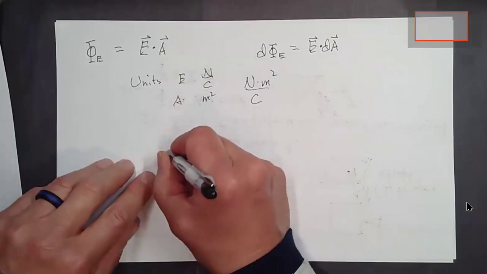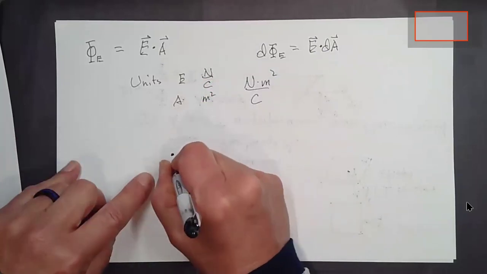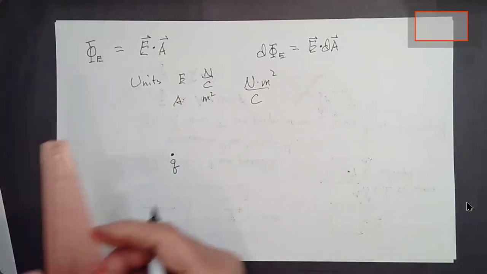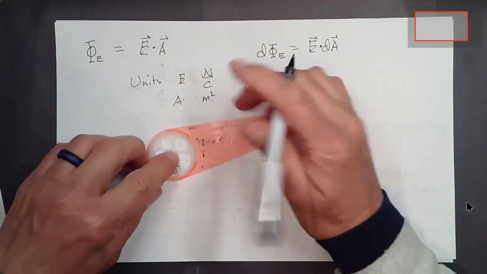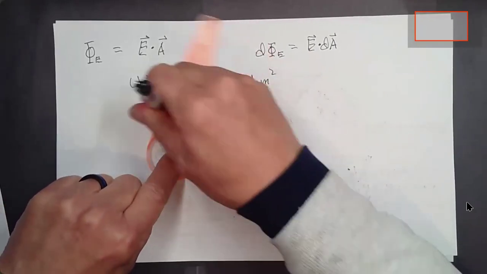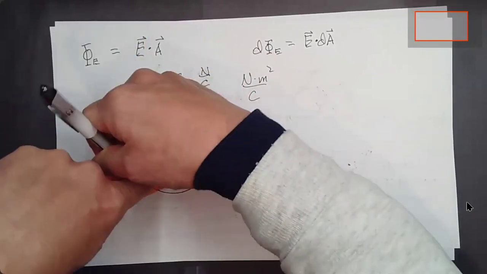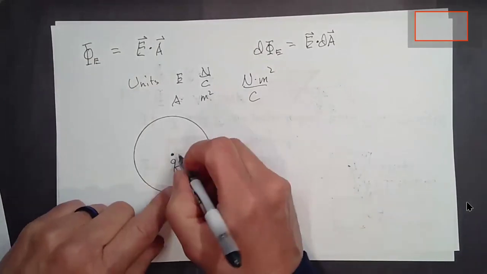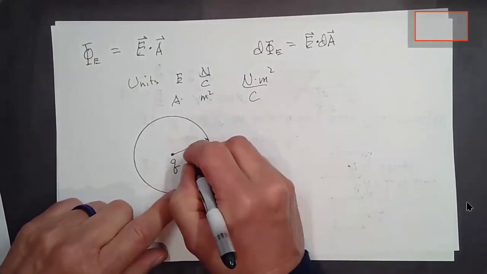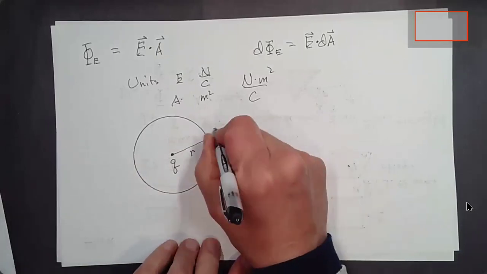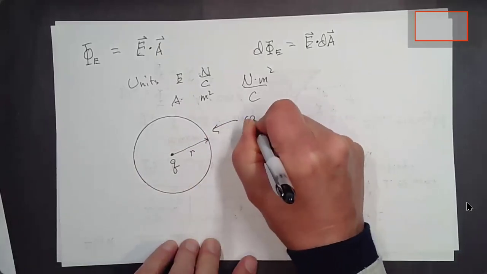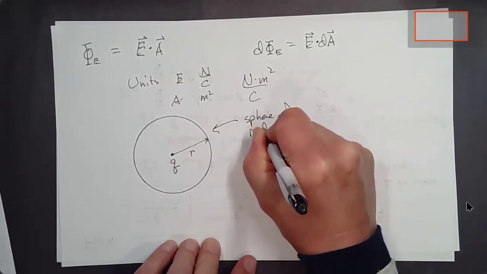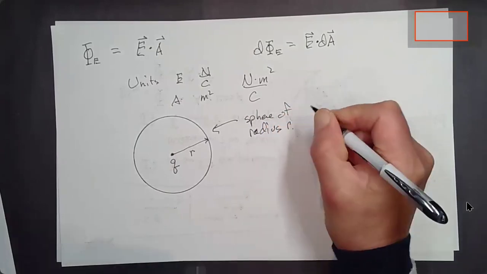So for a starter example problem, let's suppose we have a point charge Q here, and we're going to imagine a sphere of radius r that surrounds this thing.